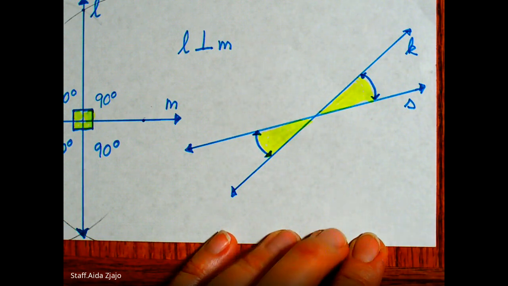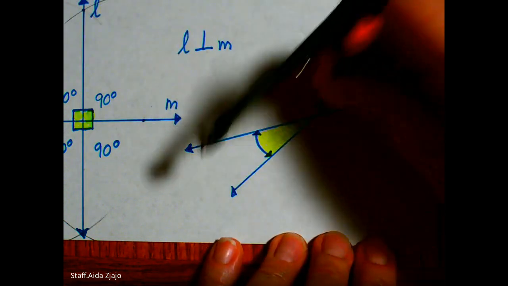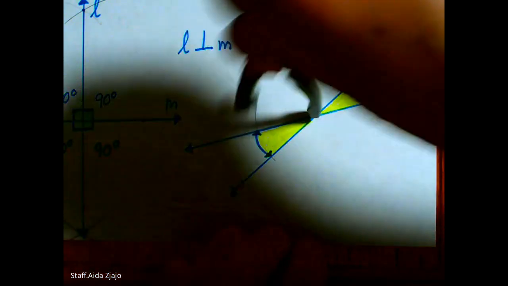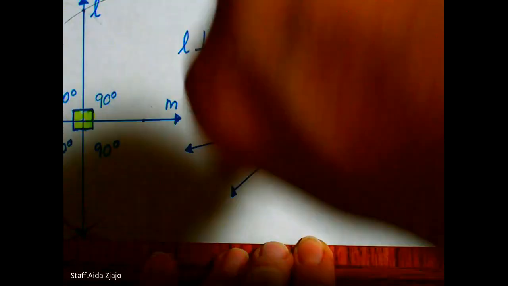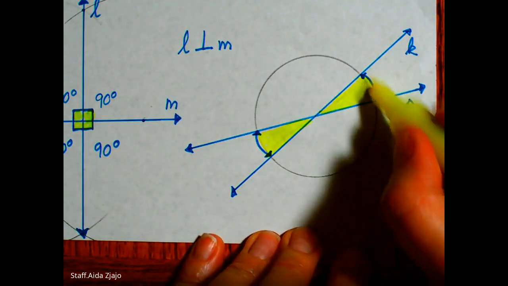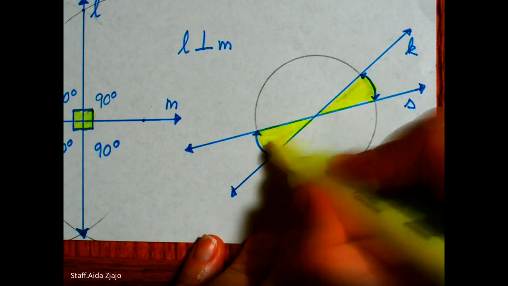And also, if I drew the circle around, it will help me to see that the angles live in a circle. So you can see why these are smaller parts of a circle, so less than 90 degrees.